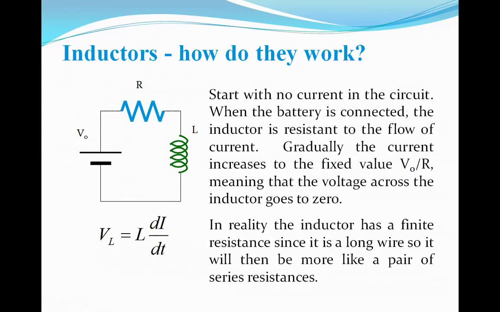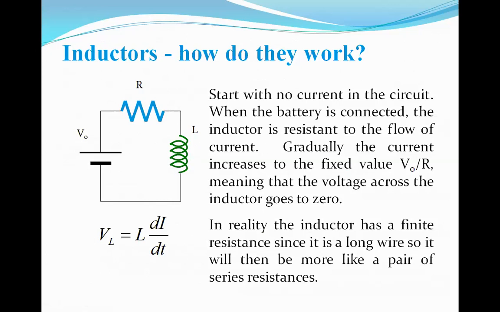It means the total magnetic flux is directly proportional to the current flowing in the circuit. So we can say that phi, if phi is the magnetic flux, is proportional to I, or we can say that phi is equal to Li. L is nothing but the inductance, the self-inductance.